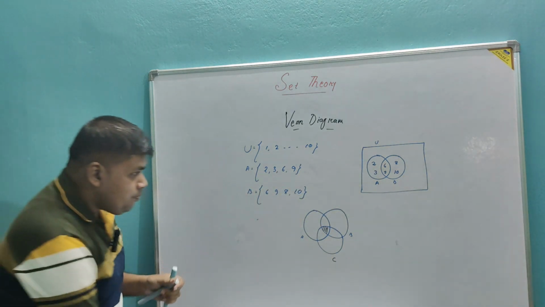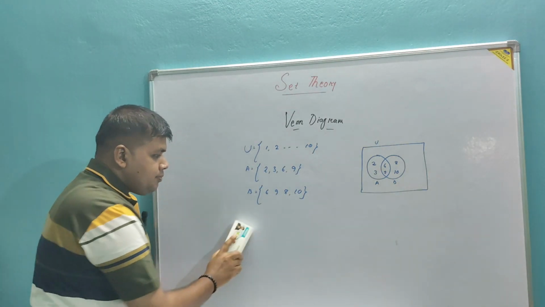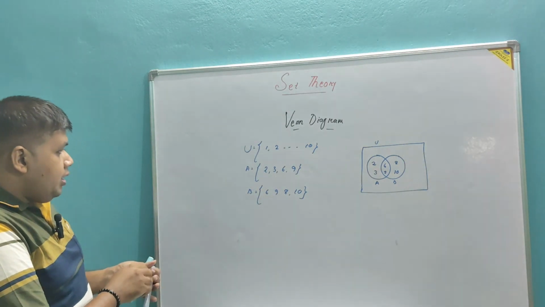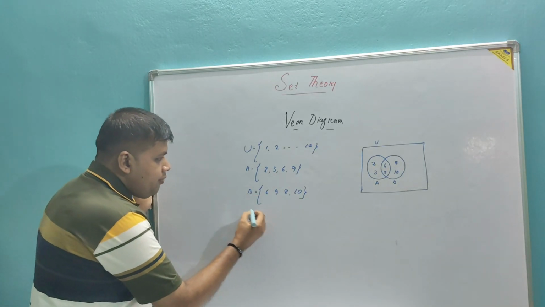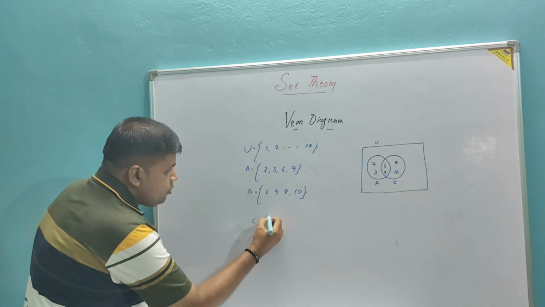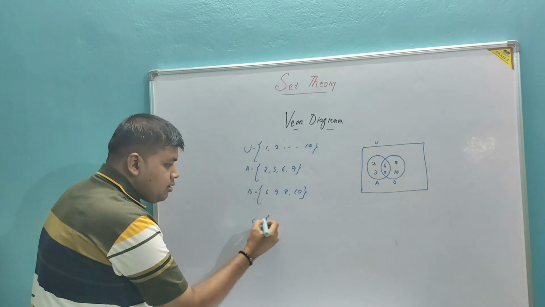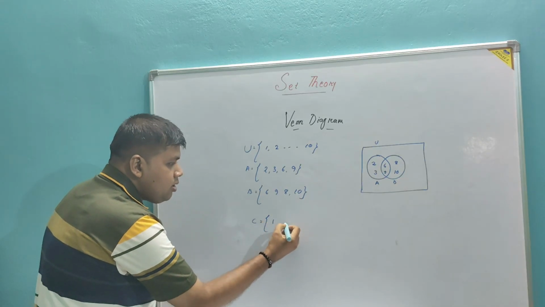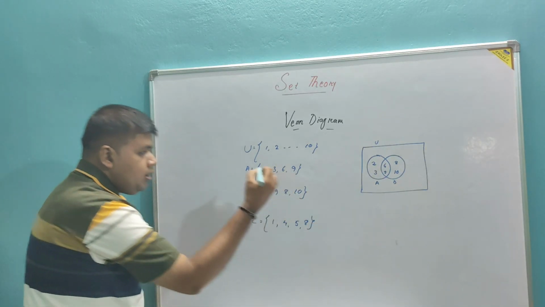Sometimes it may happen that there are sets which are disjoint. Let's take an example. We have A with elements 2, 3, 6, 9. Let's just consider another set C having elements 1, 4, 5, 8.